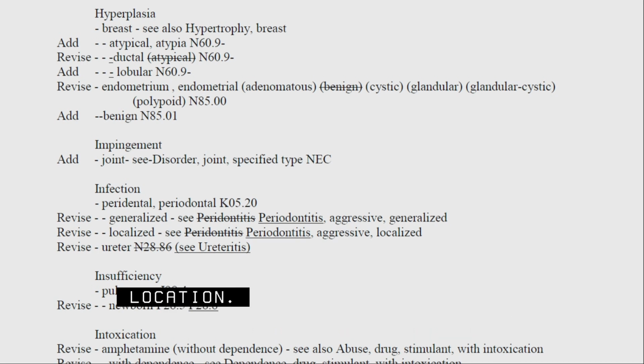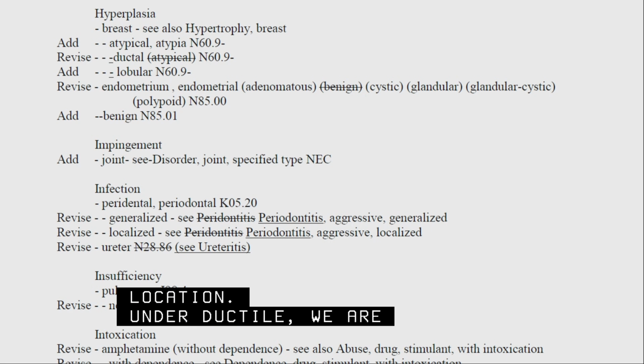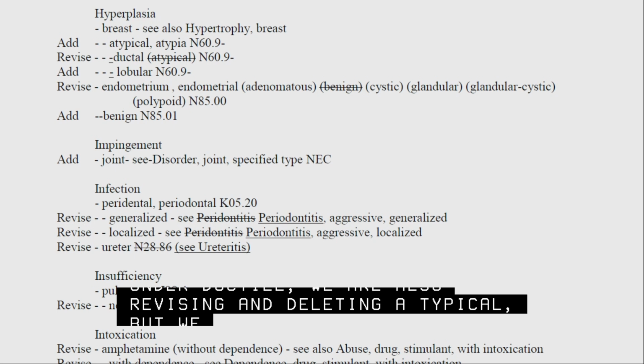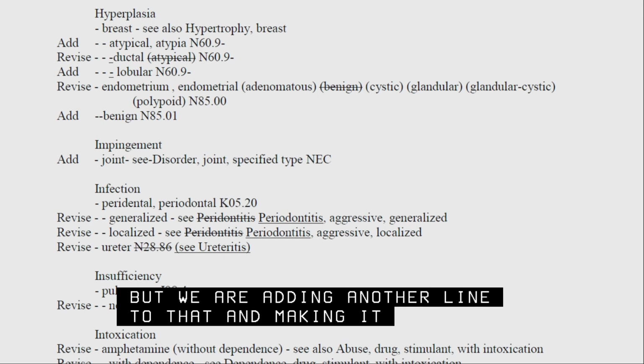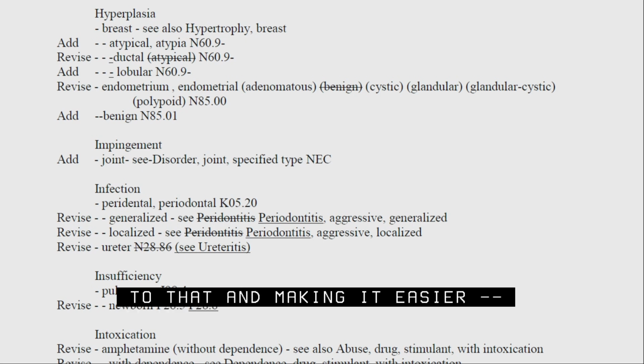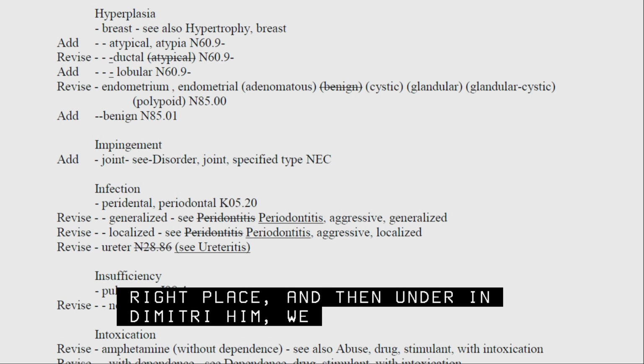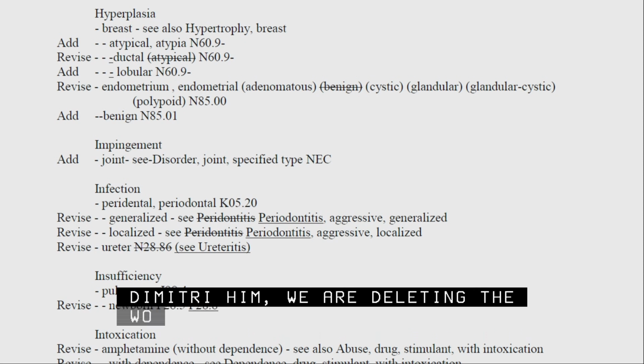So under ductal, we're also revising and deleting atypical, but we're adding another line to that and making it easier, actually putting it in the right place. And then under endometrium, we are deleting the word benign and adding a subterm for benign under endometrium.